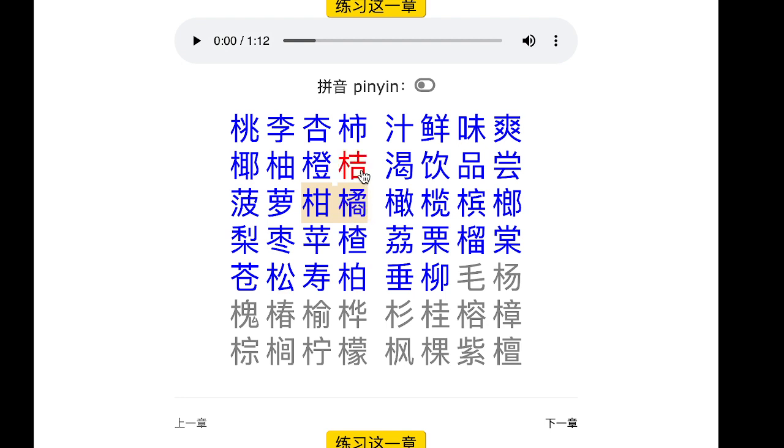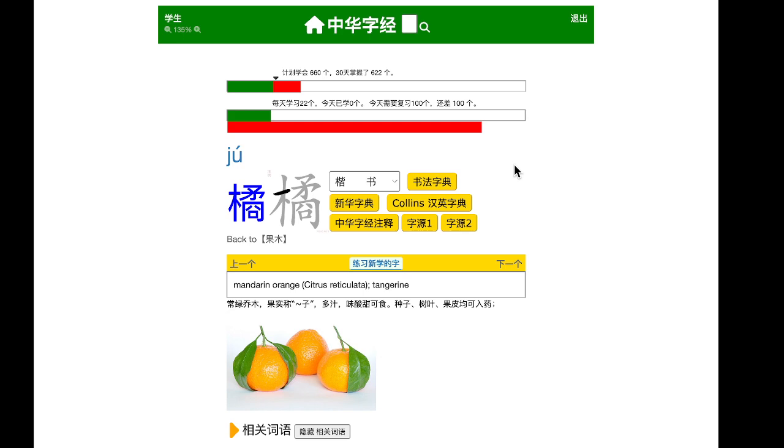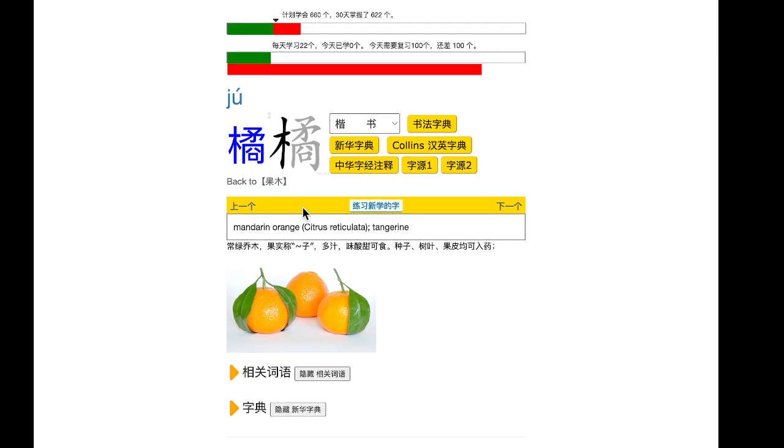Where this ju and this ju are kind of interchangeable. You'll see some sources say that this ju can be used as a simplified version of this one, but it's not consistent. So they're kind of both in use, but they also kind of both mean the same thing, and they're pronounced the same also. Ju, mandarin orange.